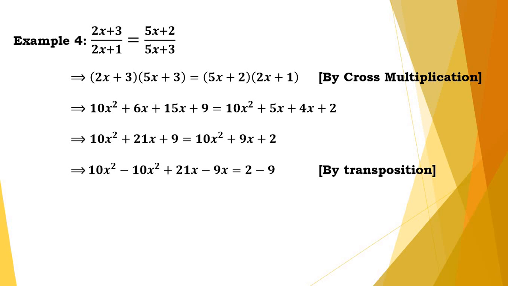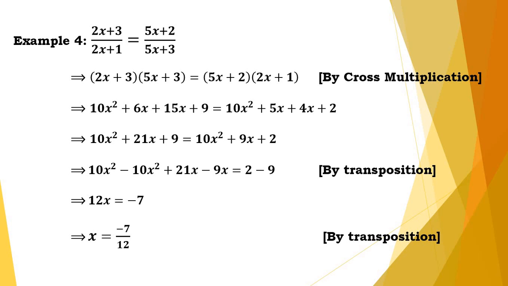Now 10x square minus 10x square will get cancelled, it will become 0. 21x minus 9x will become 12x is equal to minus 7. Okay, now again 12 will go to RHS and it will become the denominator. So x is equal to minus 7 by 12.